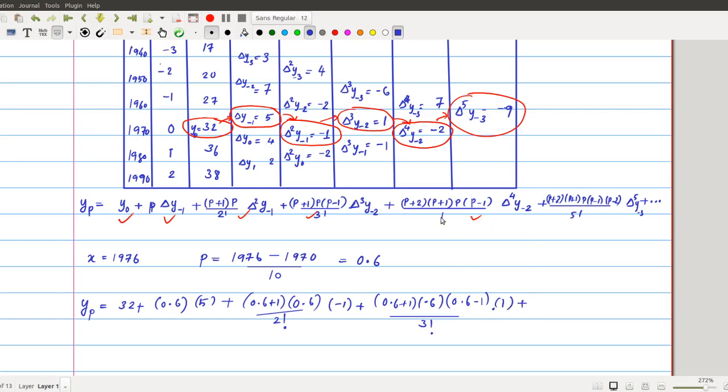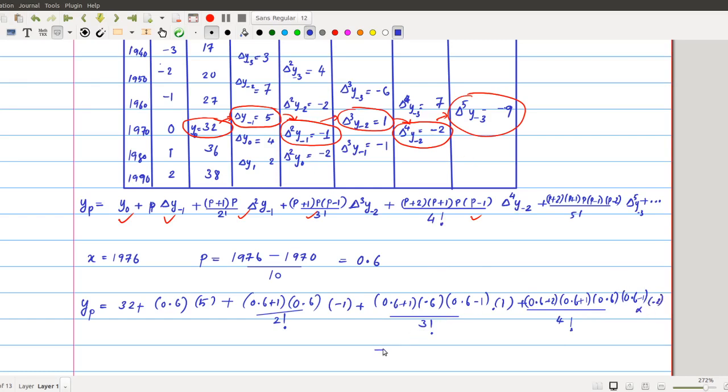Now the fifth term, okay, the second last term will be p plus 2, that is 0.6 plus 2 into 0.6 plus 1 into 0.6 into 0.6 minus 1 divided by 4 factorial, times this value, delta raised to 4 y minus 2, that is minus 2, so this times minus 2.